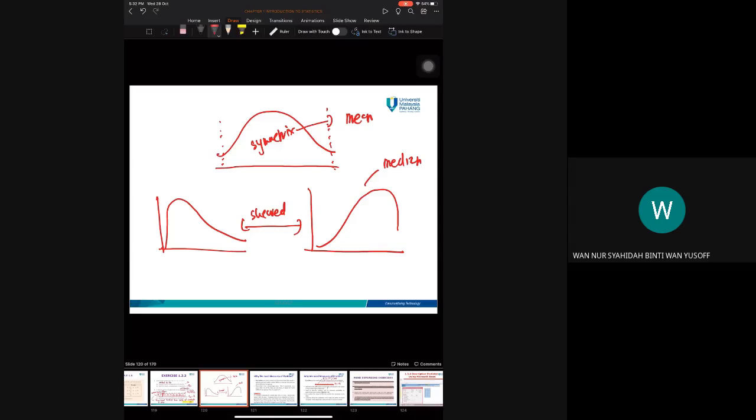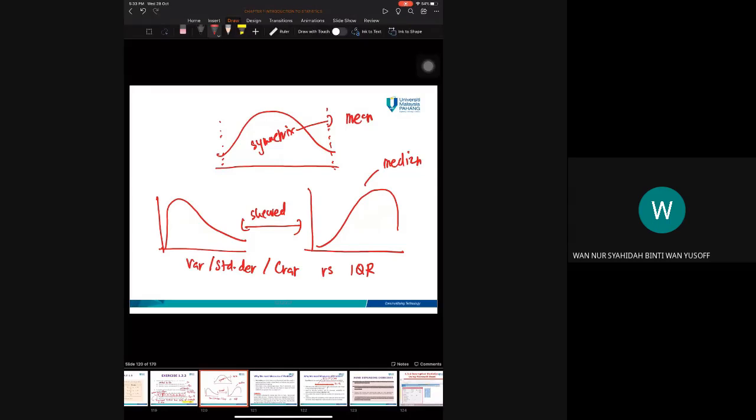For the measure of variation, it will be either variance, standard deviation, CVR, versus IQR, the interquartile range. Range is just a simple measure, not complicated, but when we calculate the variance, standard deviation, and CVR, it is more accurate.